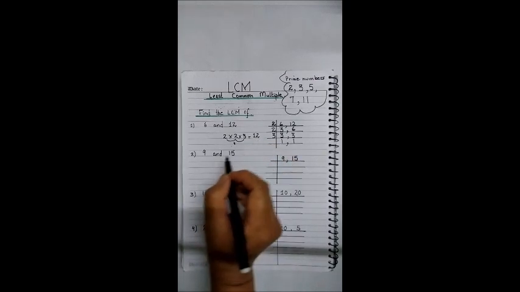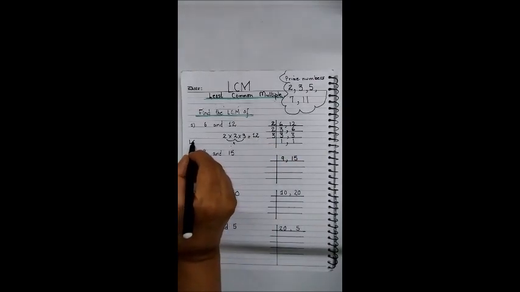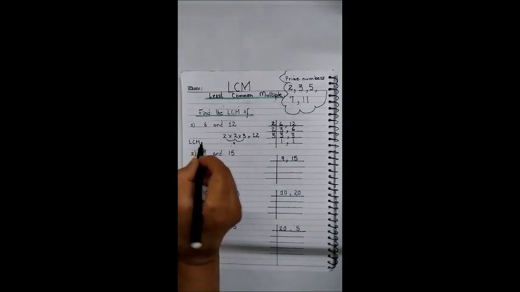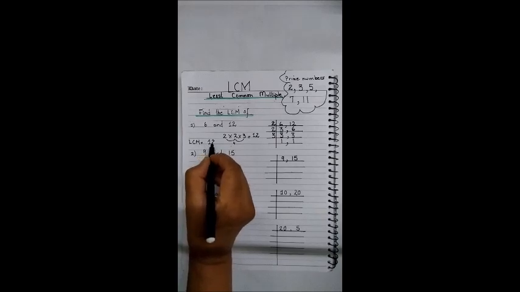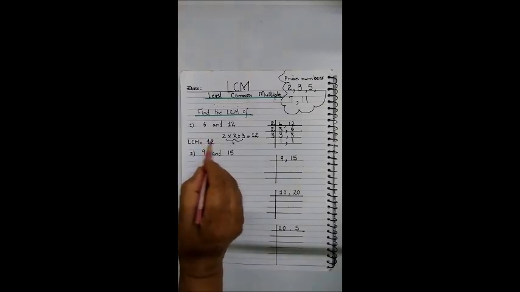So what will be your LCM? LCM equals 12. Understood? Did you get it? So it was so simple. I will highlight this LCM to make it visible for you. Okay. This is how I will do it for you, children.